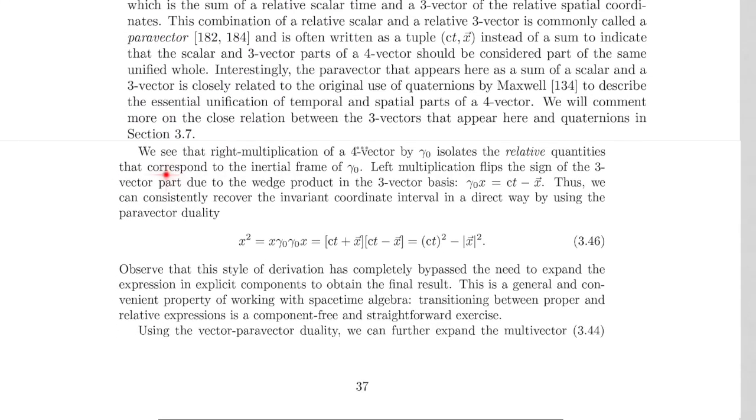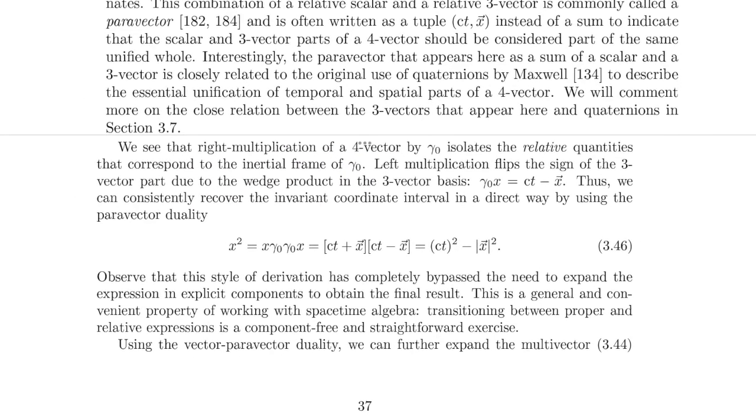So they say it corresponds to the inertial frame of gamma 0. That language is what I'm worried about confusing people. That means the inertial frame of an observer who's stationary in that inertial frame, whose 4 velocity is gamma 0. So basically, gamma 0 is the 4 velocity of the observer most comfortable in that inertial frame.